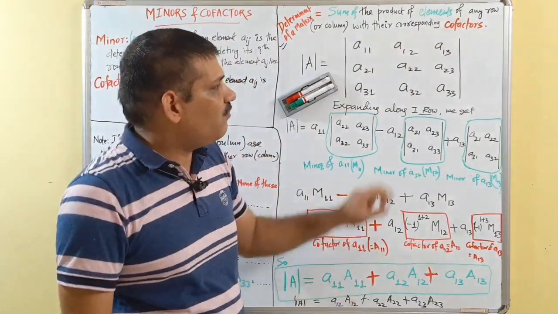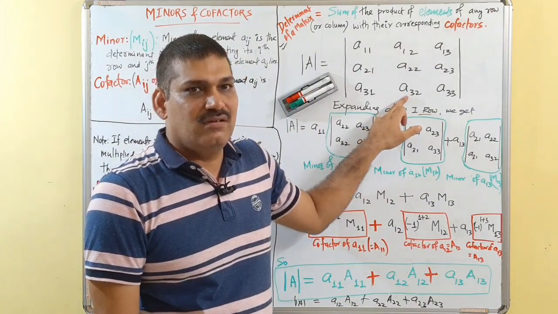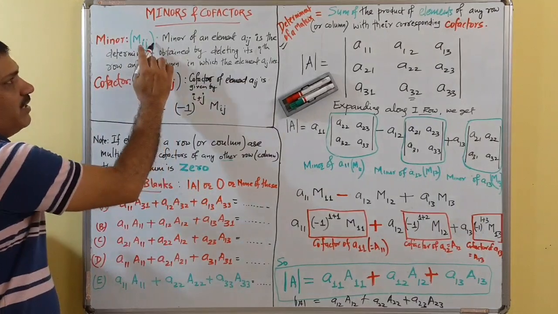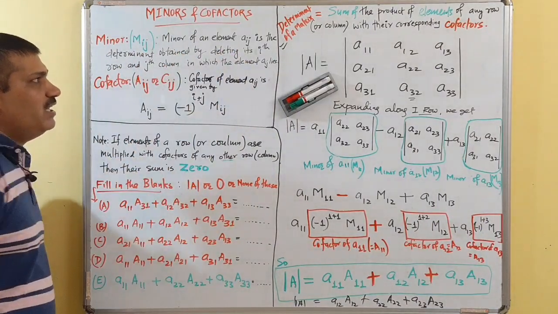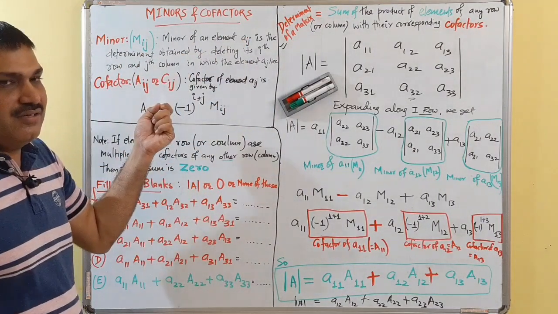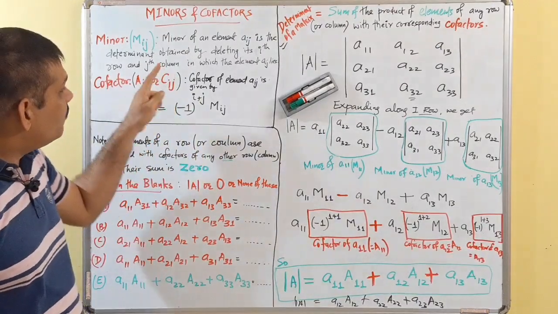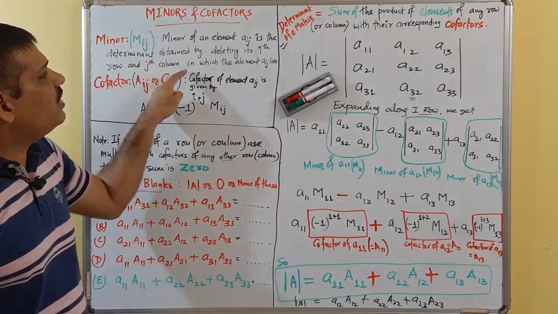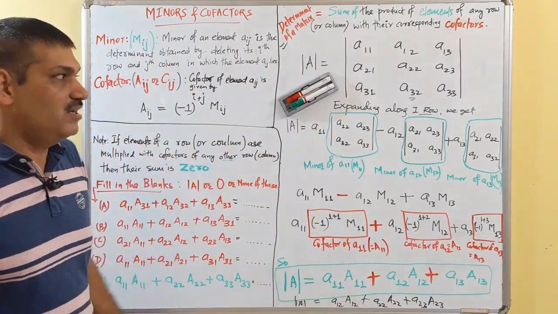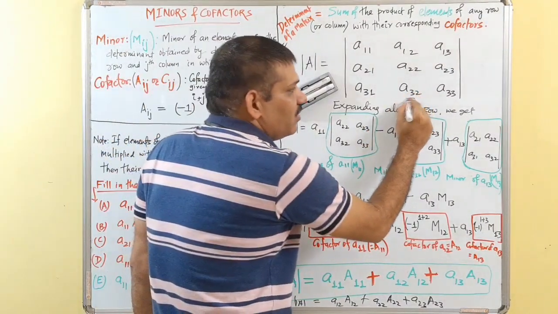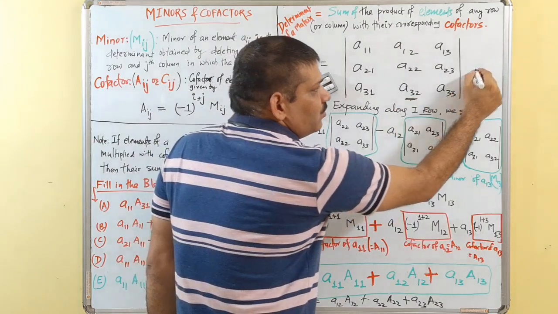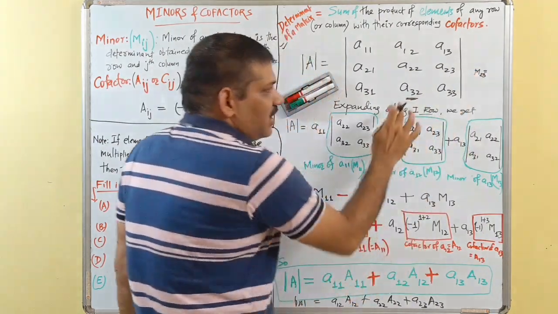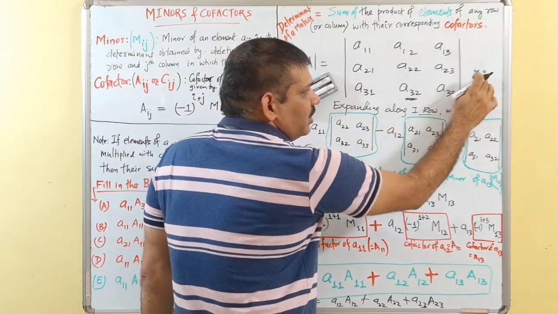So how is the minor defined? The minor of an element Aij is the determinant obtained by deleting the ith row and jth column in which the element Aij lies. If I want to find the minor of A32, it will be denoted by capital M32.